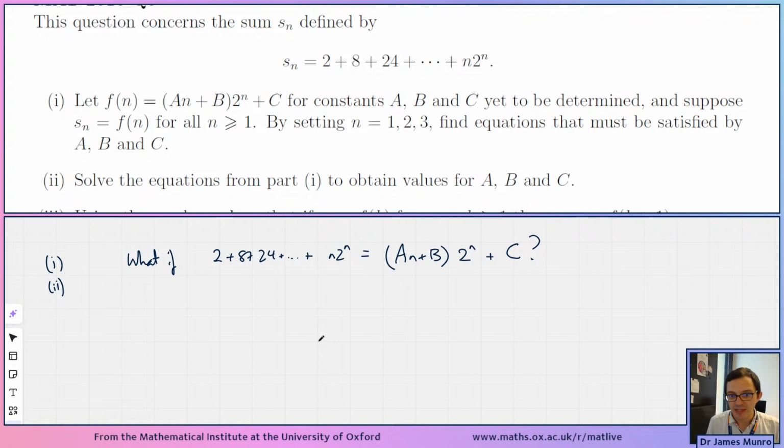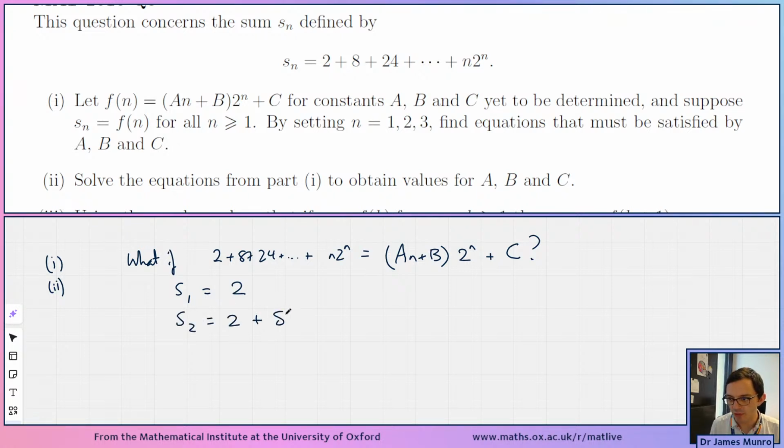What would the consequences be? You need to be able to work out the first 3 terms. It is helpful that they've given us these first 3 terms at the front, but don't get confused. The first 3 values of S are not 2, 8, and 24. I'm afraid the first 3 values of S that you'll need to do the question are this.